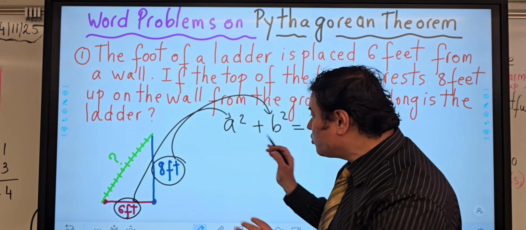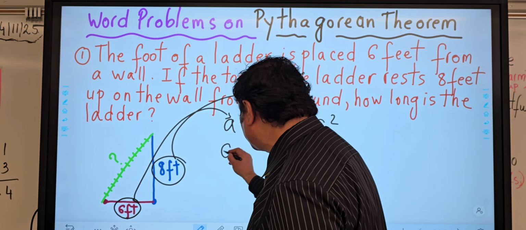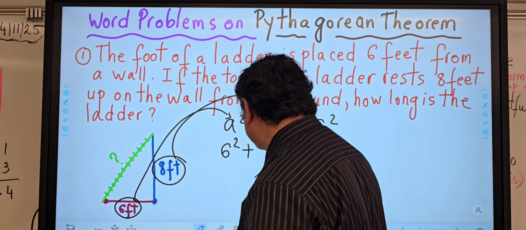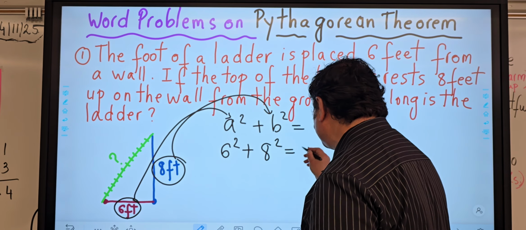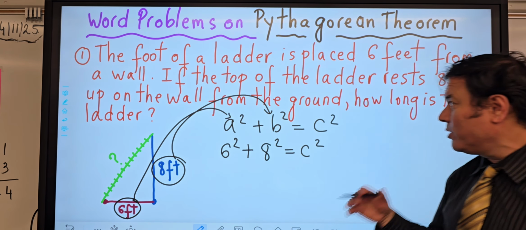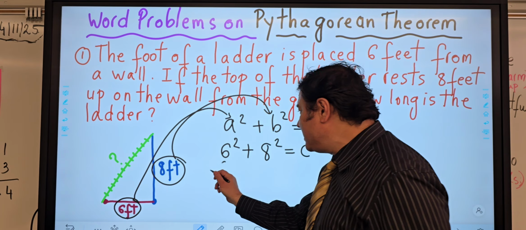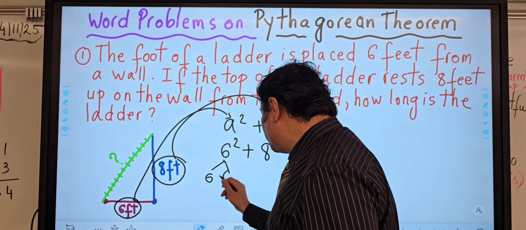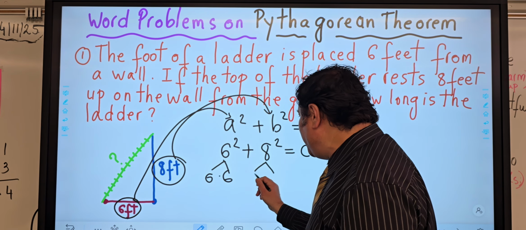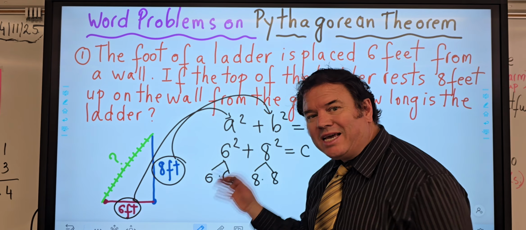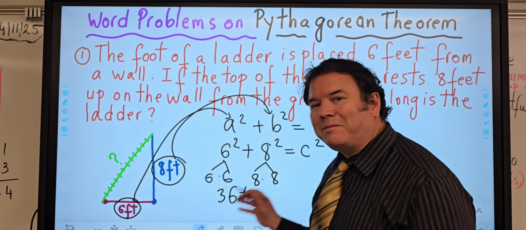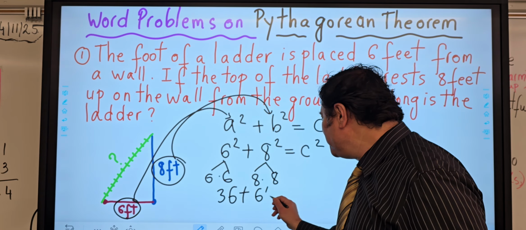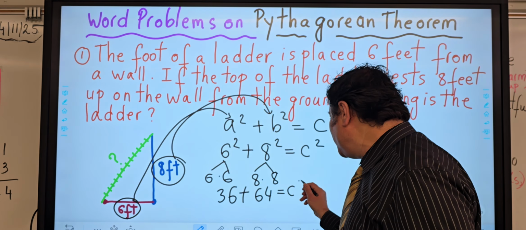So instead of a squared, we are going to place 6 squared plus, instead of b squared, we are going to write 8 squared equals c squared. Let's see what we get now. 6 squared means 6 times 6, right? 8 squared means 8 times 8. 6 times 6 is 36, plus 8 times 8 is 64, equals c squared.